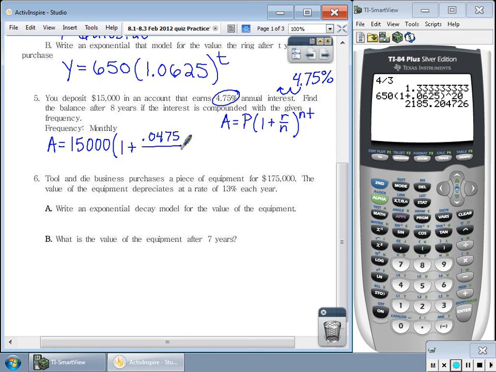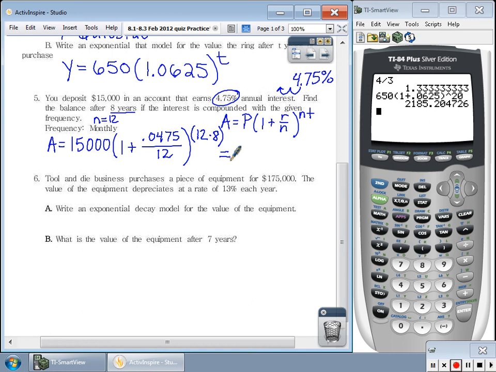Now n is the number of times it's compounded per year. And since we're monthly, n is equal to 12. So we'll put a 12 here, close the parentheses, and then in the exponent, n is still 12. And now we need to figure out the time in years. We're looking, oh, there it is right there, 8 years. 12 times 8.